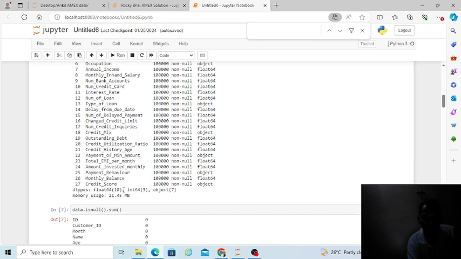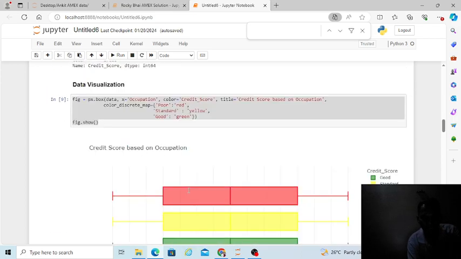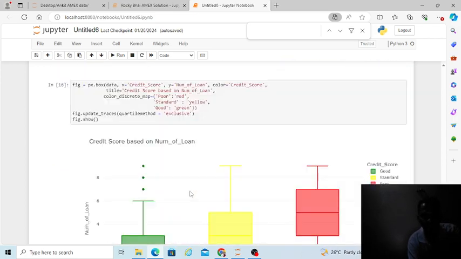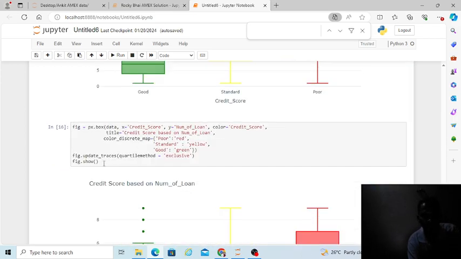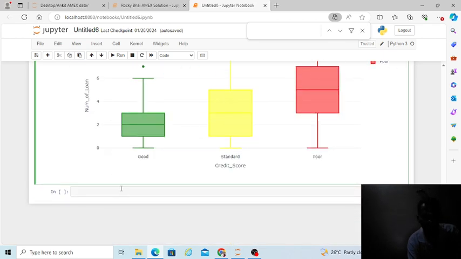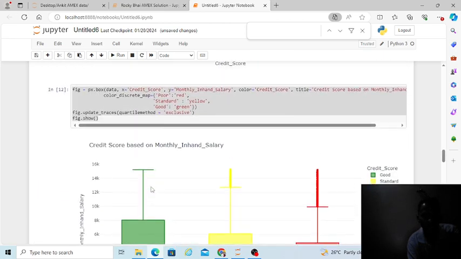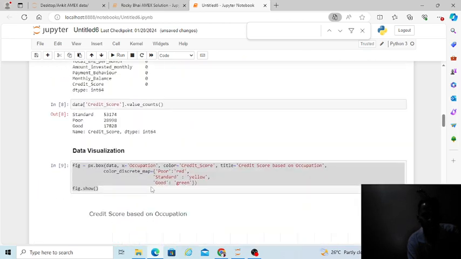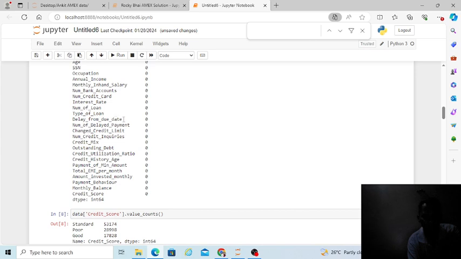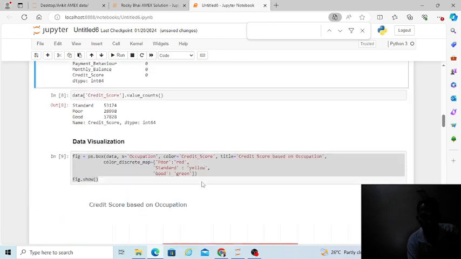Now we will check it for delay from due date. People with delay in due dates, because this also determines the credit worthiness, delay in due dates of a person.